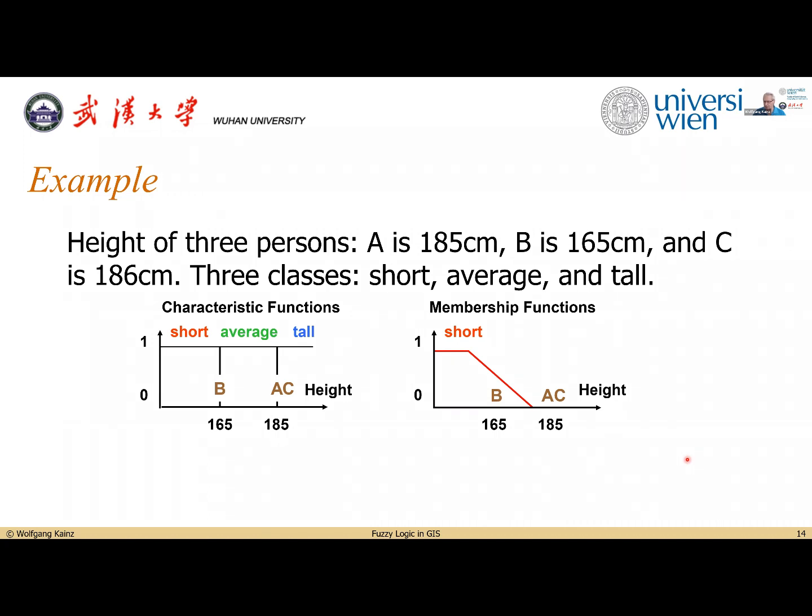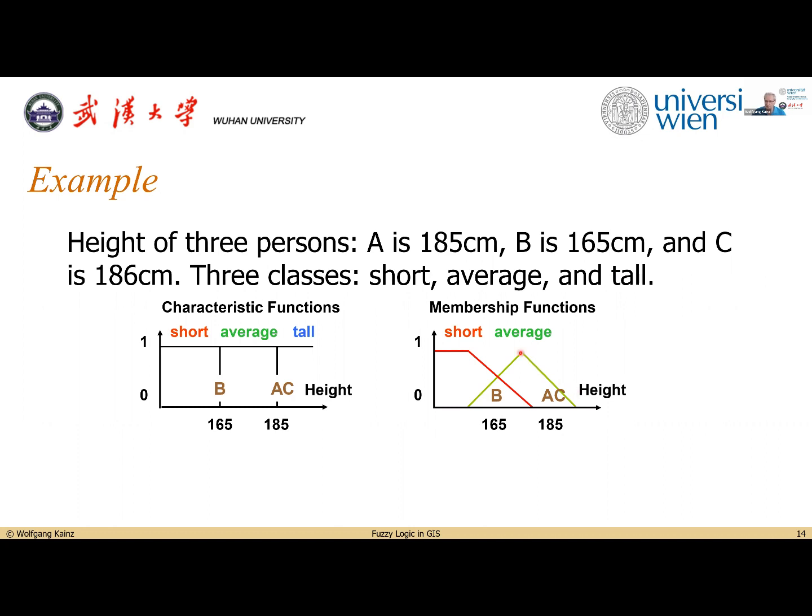In the same way, we would define a membership function for average. Now, we could say we take an average height, let's say something like 175. There, the membership to the class average height is 1. And the shorter someone gets, or the taller someone is, the less the membership degree to the class average height, which is logical.